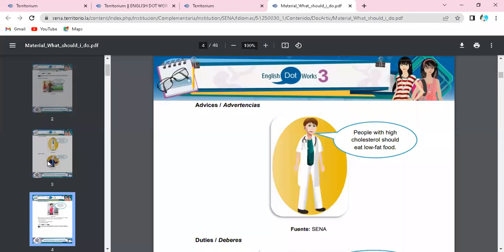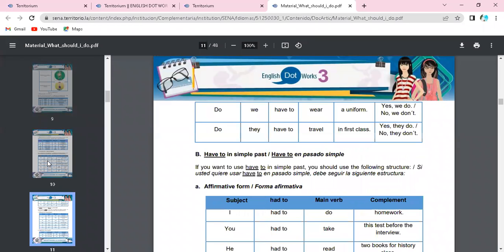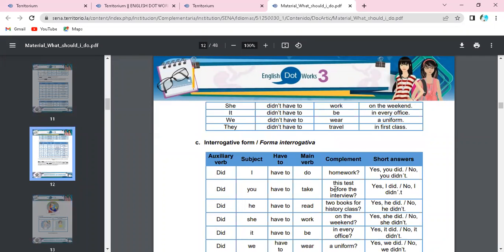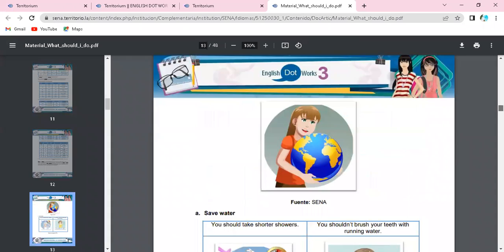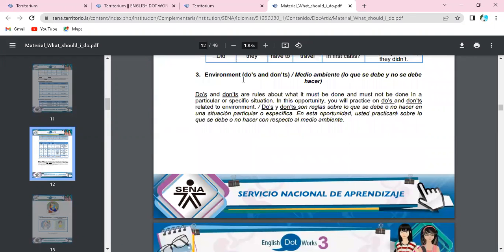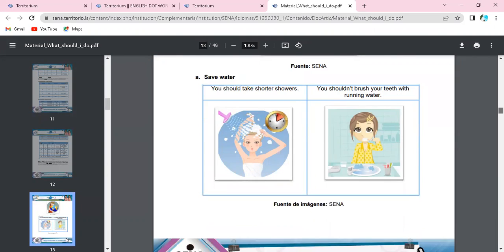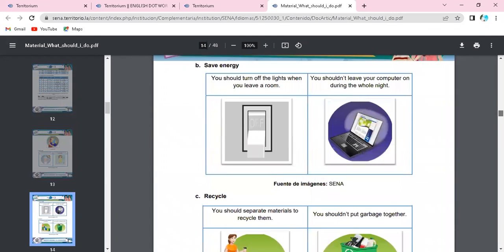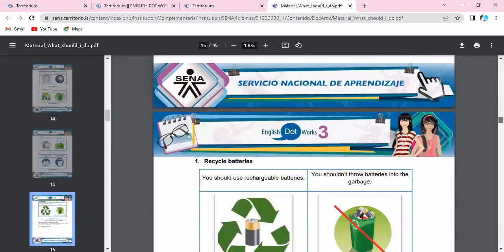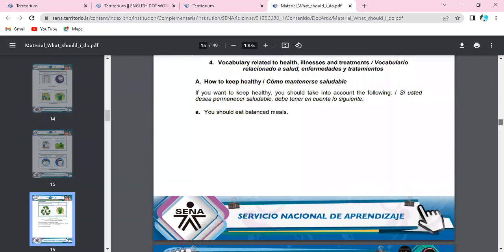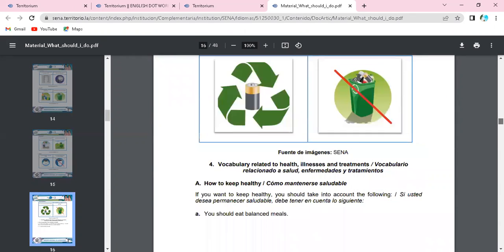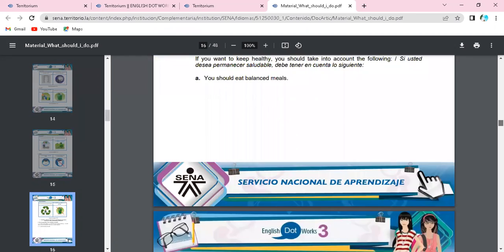Remember that here you will find information about environment, do's and don'ts, save water, you should take shorter showers, you shouldn't brush your teeth with running water, some examples for taking care of the planet. And in the last part, you have vocabulary, some more vocabulary but related to health, illnesses, and treatments.